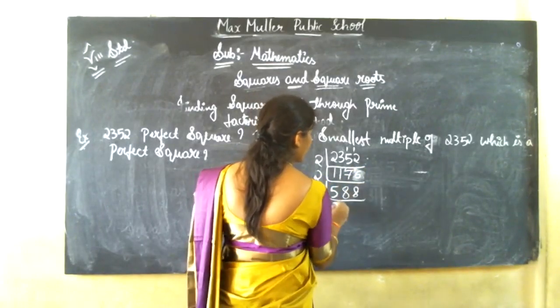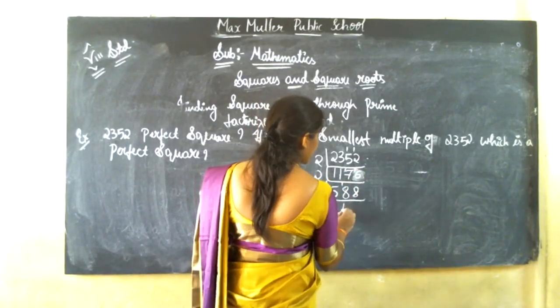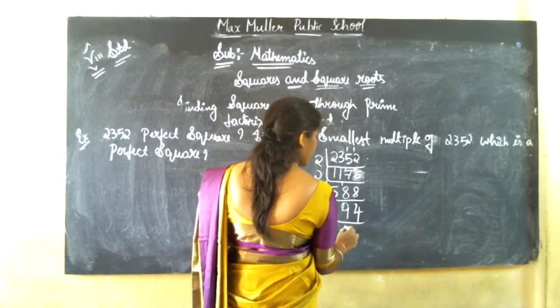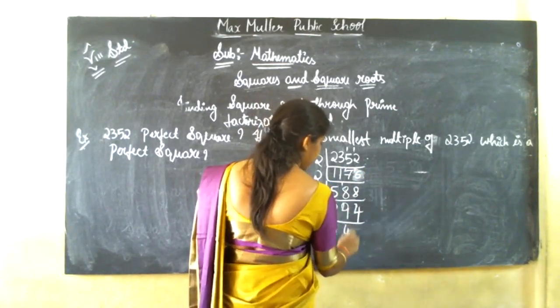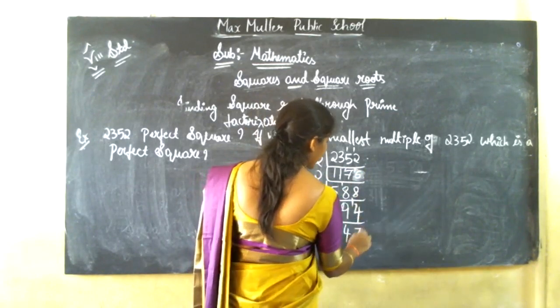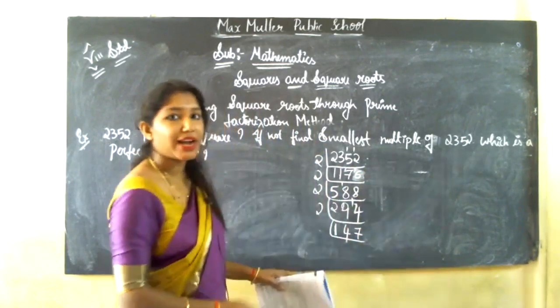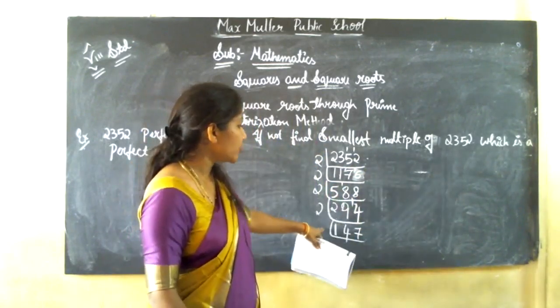Next, 2 2s are 4, 1 carry, 2 9s are 18, 2 4s are 8, 2 1s are 2, 2 4s are 8, 1 carry, 2 7s are 14. Now your last number is 7. You can't divide with 2 here.